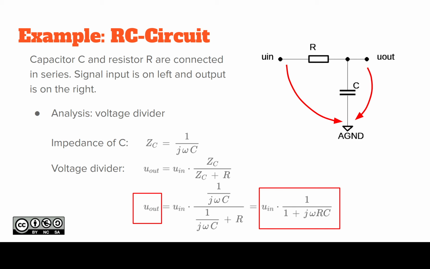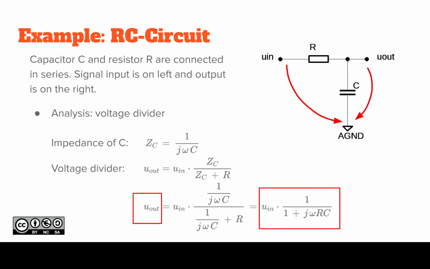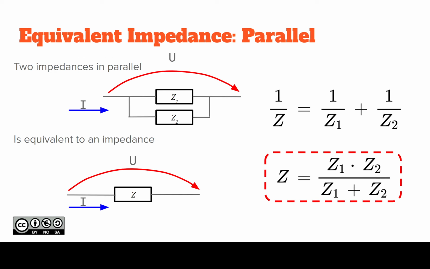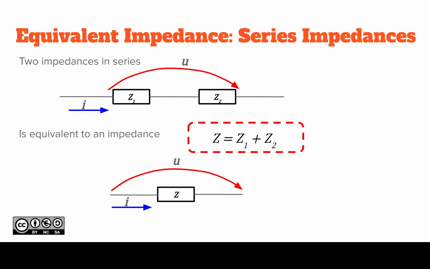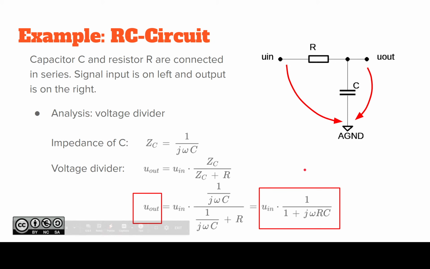So the total voltage here is U, and then we are looking at U out, which is the voltage across impedance Z2, which is U2. And we have this voltage divider equation.